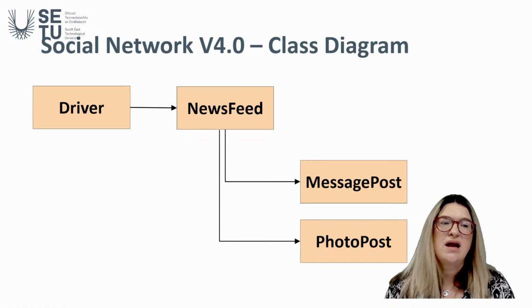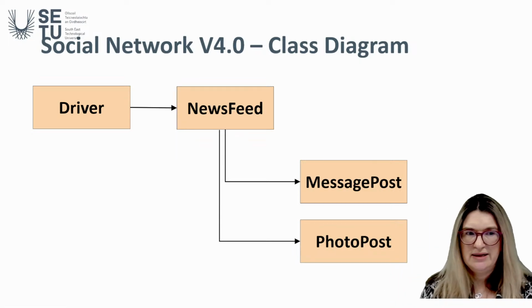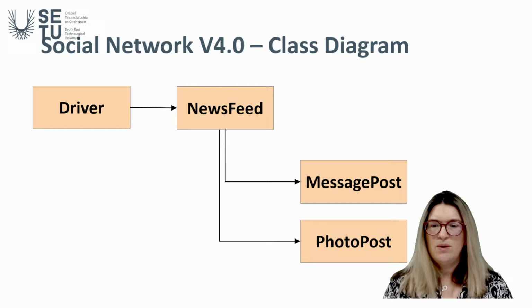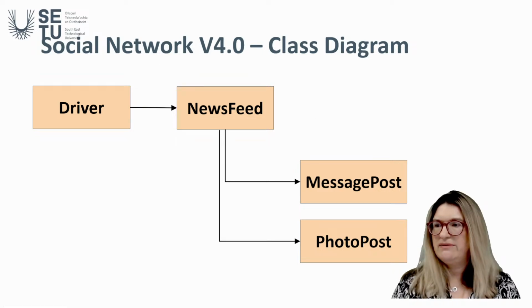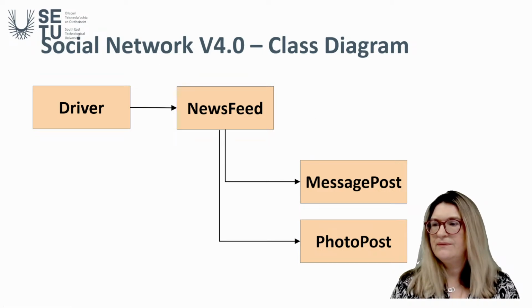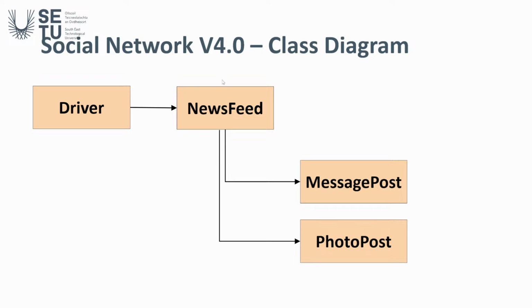So look how our diagram is going to change slightly. If we think of it before, we had, I'll just get rid of myself there for a sec, a driver, our newsfeed, and we had our message post. Now we're going to introduce this class, photo post.